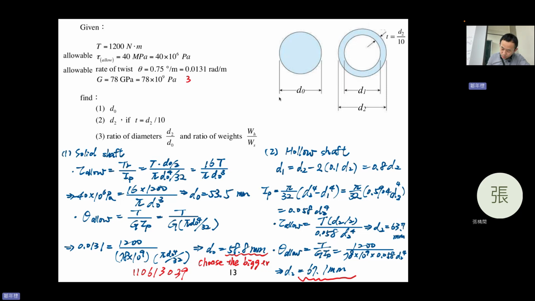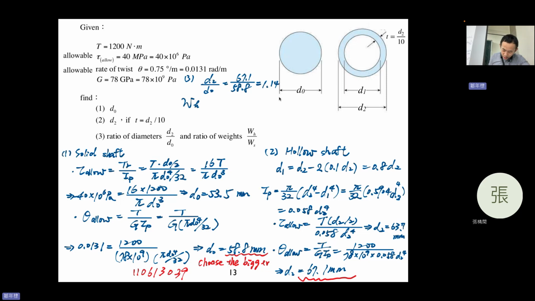The third problem. D2 over D0 equals 67.1 divided by 58.8 equals 1.14. So the diameter is 1.14 times greater than the original design. How about the weight?